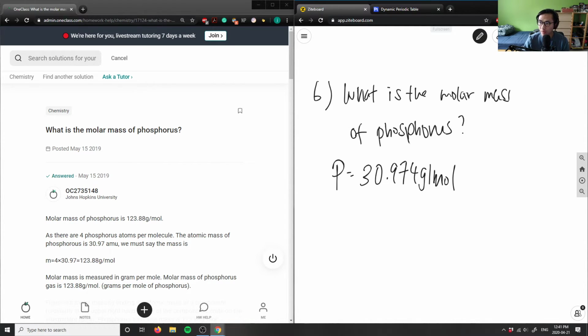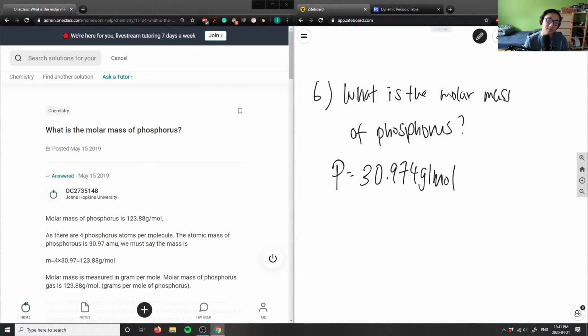In this case, phosphorus is a unique atom, because phosphorus forms kind of a tetrahedral with itself, or it forms kind of like a pyramid, you can say.